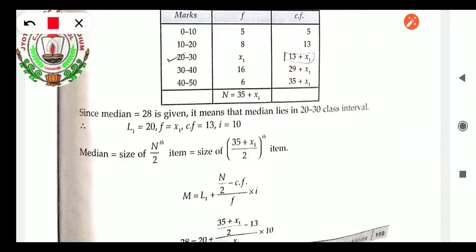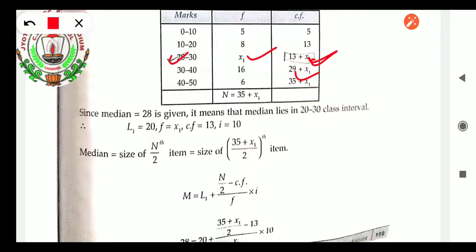How can we know which is the median class? Because the median is 28, it lies in which class? Here the CF is 29; 29 plus x is more than 28. So definitely this was the median class. That median, 28, lies in the 13 plus x. So here the lower limit is 20 and the frequency is x.